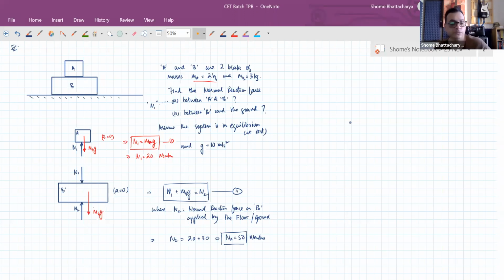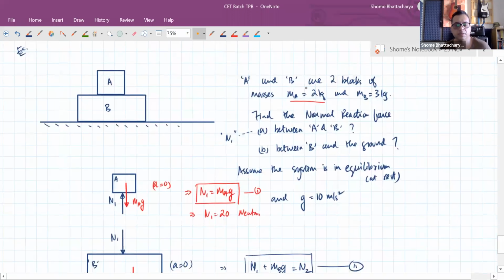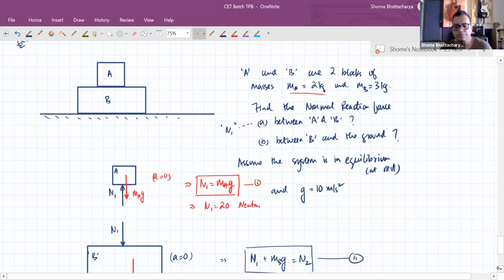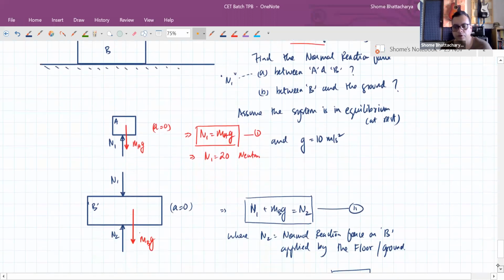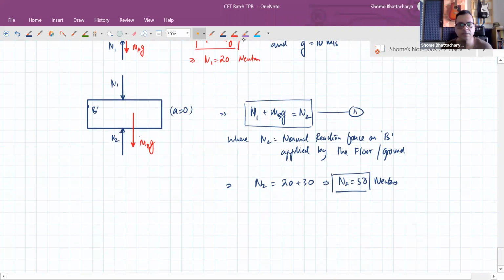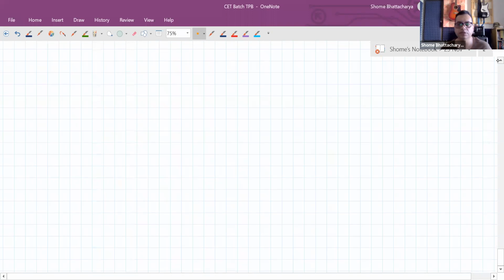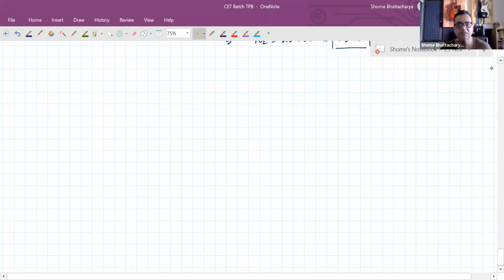Excuse me. Okay, so hope this question is clear. Now, before we proceed with more examples of how to calculate normal reaction forces and related questions, we will discuss a general method of solving Newton's law problems, which is called the free body diagram method.